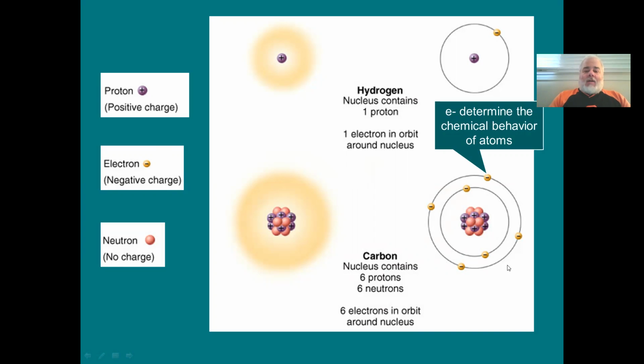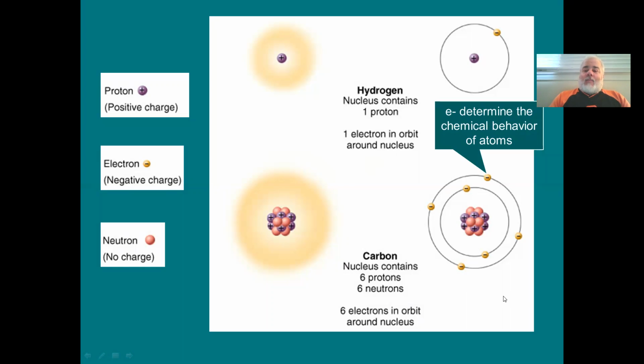So if we look on the bottom, we have a carbon atom. We know we are carbon-based life forms. In a typical carbon atom, we have 6 protons and 6 neutrons for a total atomic mass of 12. And surrounding that are 6 electrons in orbit.